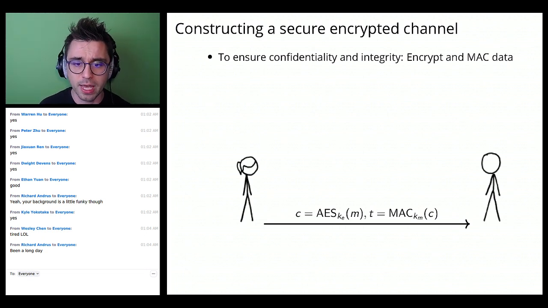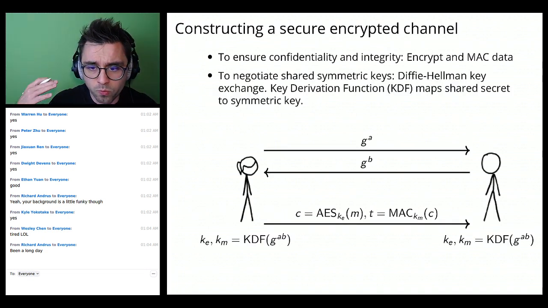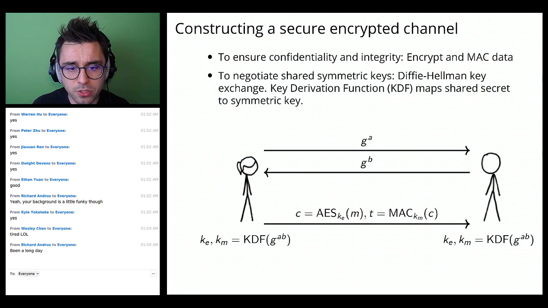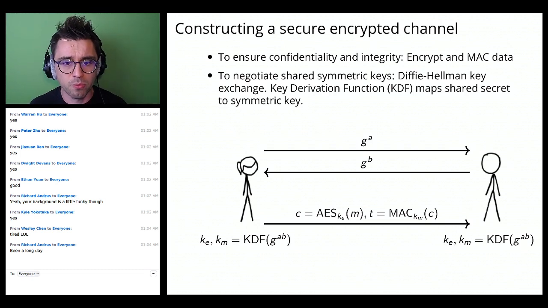So both parties have KE and KM, and how do we get to that point where we have these two keys? We're going to derive them from, say, our Diffie-Hellman key exchange protocol.